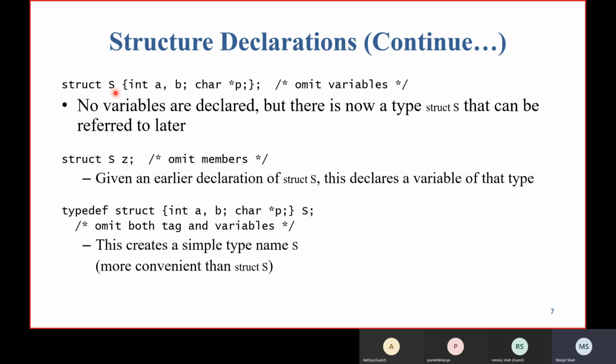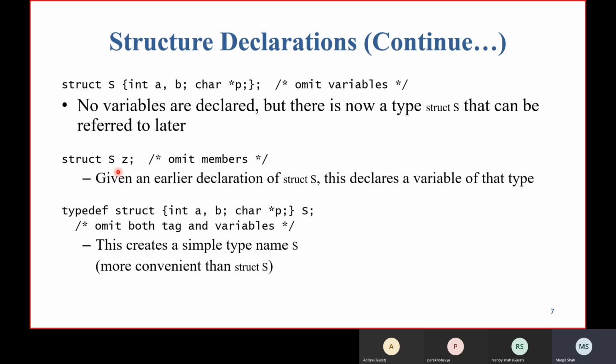So basically we haven't declared a variable of the structure right now. No variables are declared, but there is now a type struct S that can be referred to later. struct S is basically the name of a structure, and Z is a variable. So given an earlier declaration of a structure S, this declares a variable of that type.